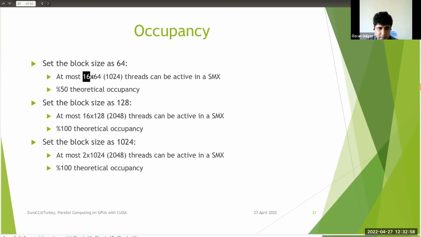If the block size is 64, when we multiply by 16 blocks, we get 1024 threads.